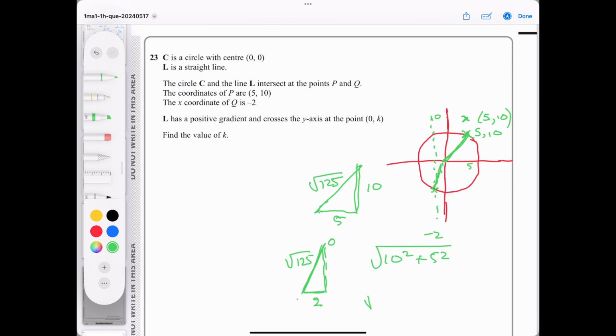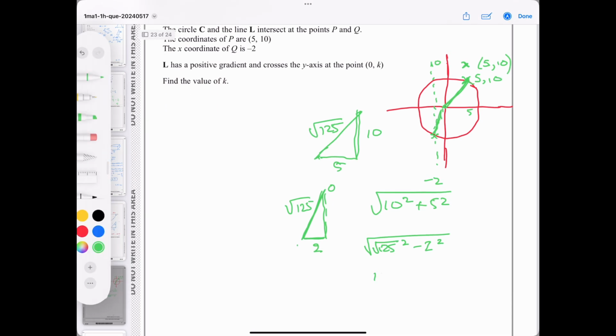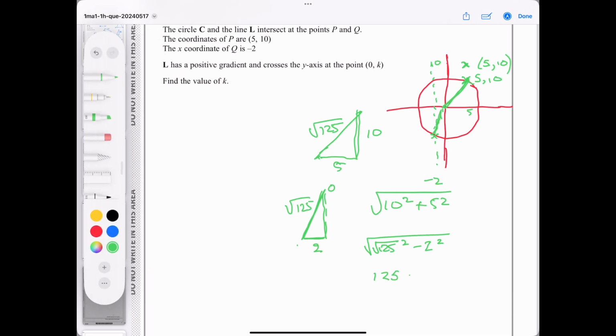So what is the square root of root 125 squared minus minus 2 squared? That would be 125 minus 4, rooted, equals root 121, which is 11. So we now know that that's 11 and that's minus 2.